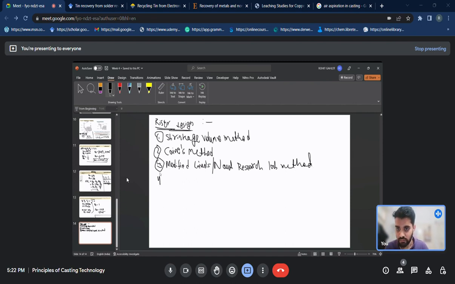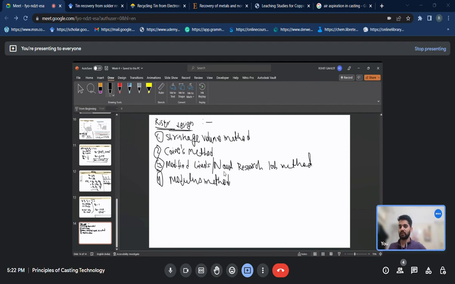Then the final one is the modulus method. Okay, so we will discuss the numericals of these problems in the next class.